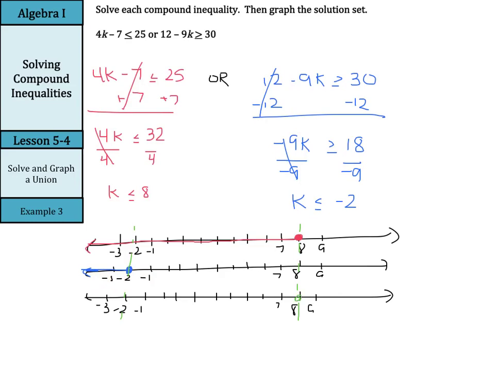And so we could actually just draw our graph and include all these numbers because this part is already included with the blue one. So our solution here for k is, well, k is less than or equal to 8, since k being less than or equal to 8 already includes k is less than or equal to negative 2.